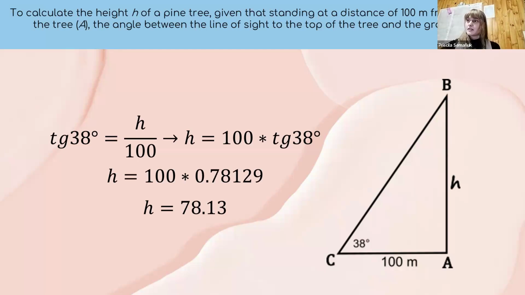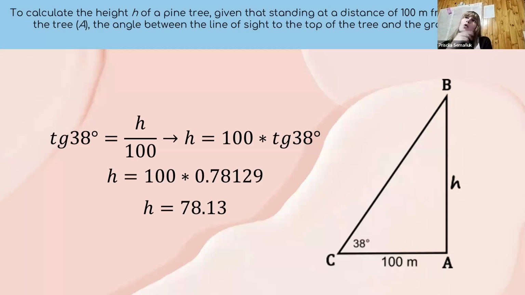Imagine I'm standing here in the uppercase C. Okay, so I'm standing, see the tree? I'm 100 meters away, and I have a 38-degree angle. I say, okay, I know the angle. I know my adjacent side. I want to know my opposite side, which will be h, and I know the angle.